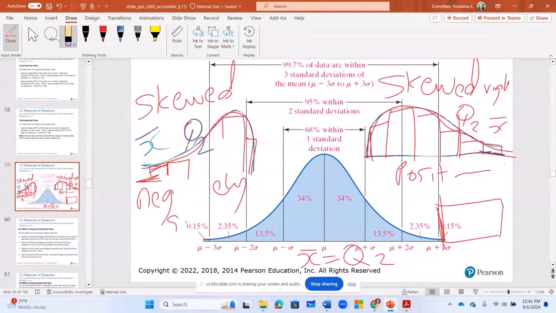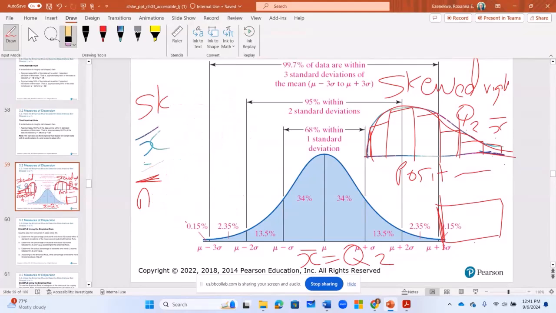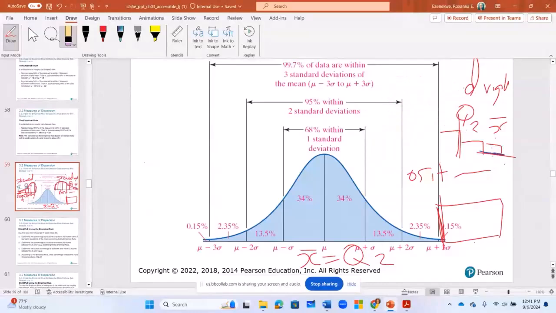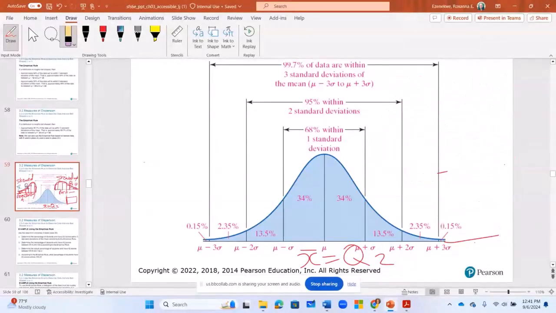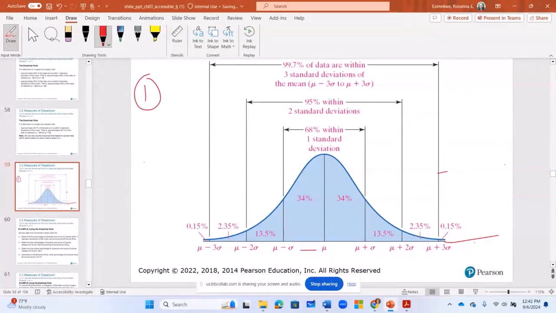Okay, so I'm going to clean all the other scribbles so I can focus on normal distribution. Now we are focusing today on normal distribution, and we are starting with the properties of normal distribution. We want to start with the most important property. The most important property of normal distribution is called the empirical rule.